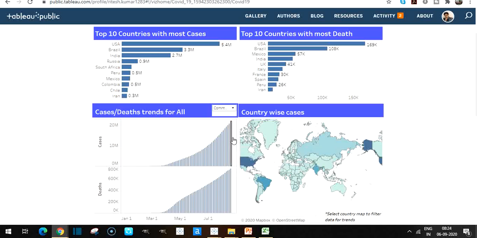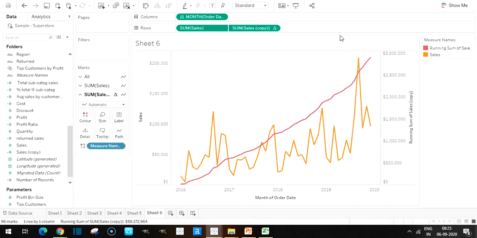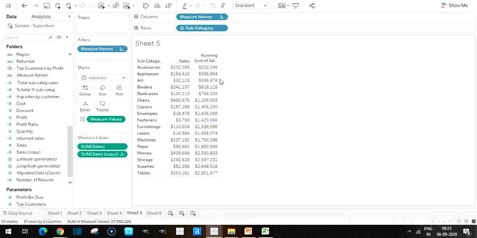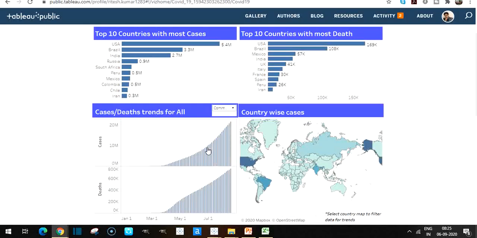That's why when you have running total cumulative, the last one will show the sum of all the total numbers. So this is your running total. Running total will give you this kind of cumulative graph.